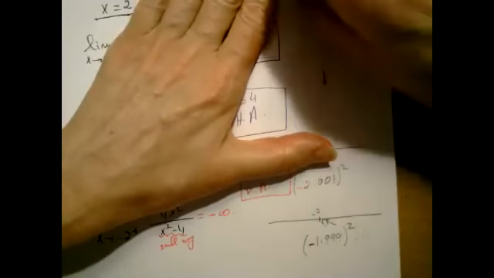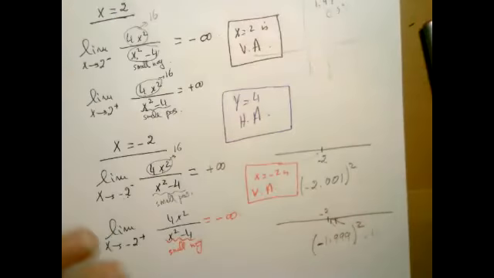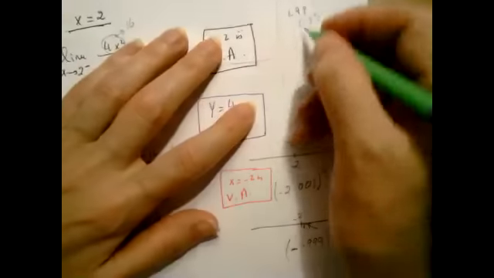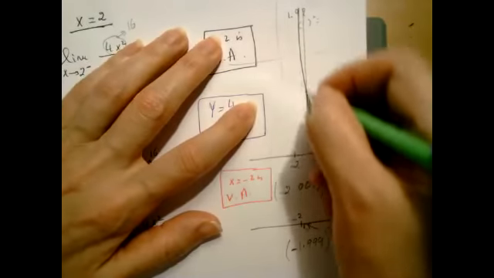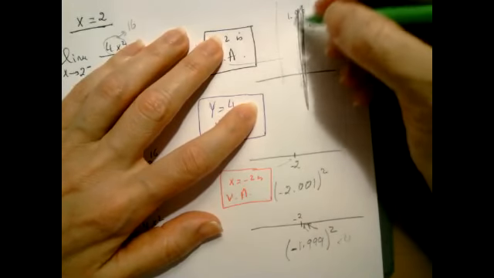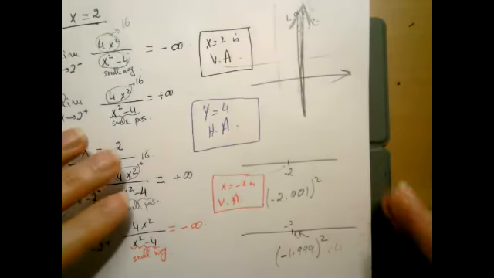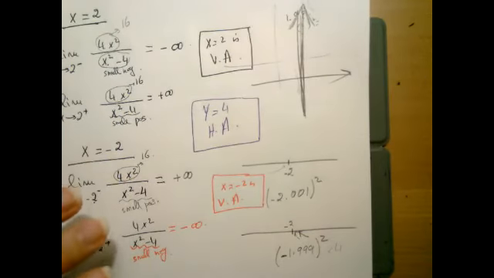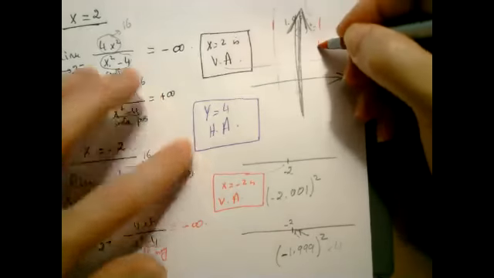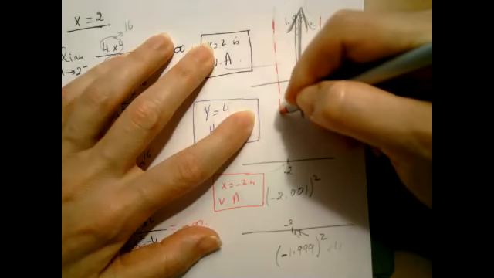I'm going to keep this paper in front of me, so I need some room here. Let us sketch very clearly. So what's really going on? Okay, now what do I have? I have x equal 2, x equal -2, vertical asymptotes.